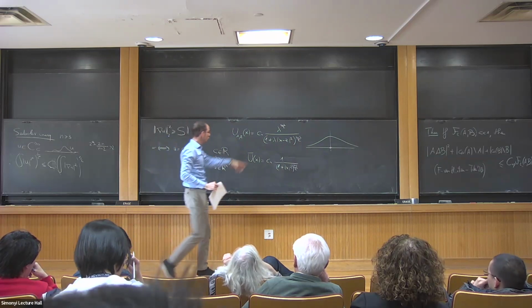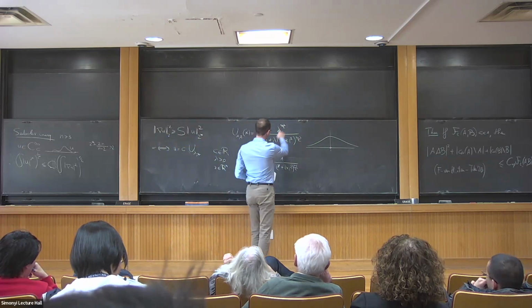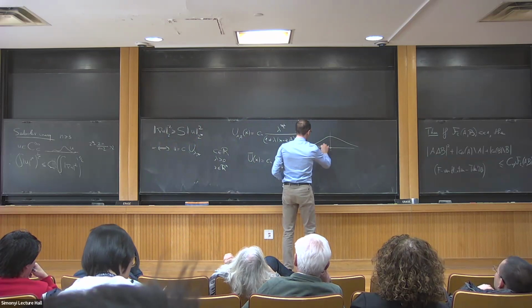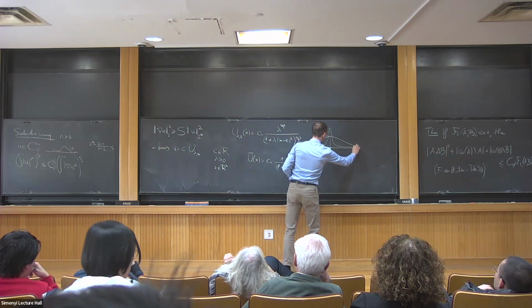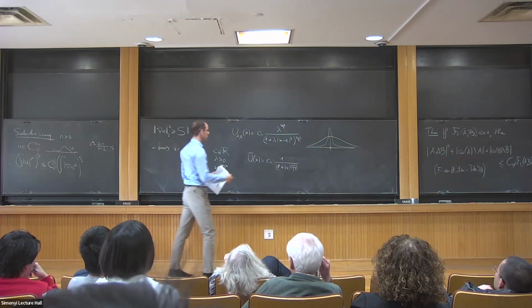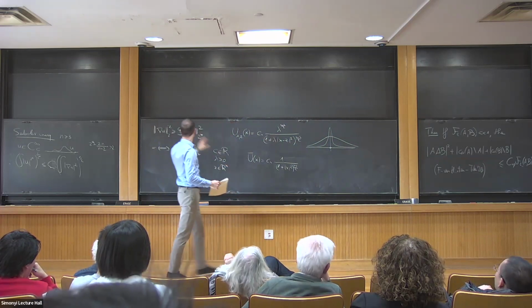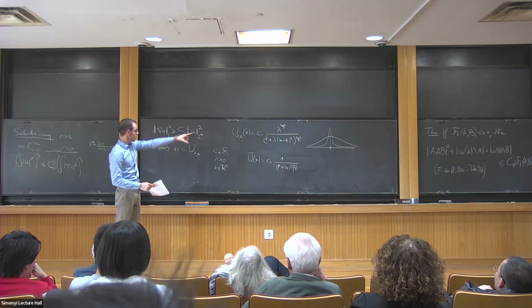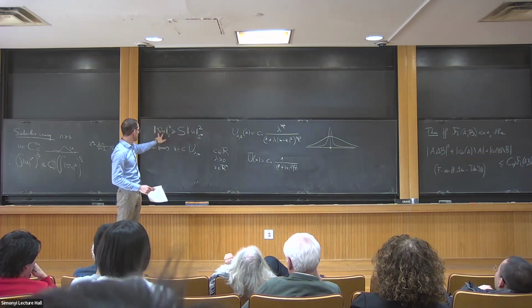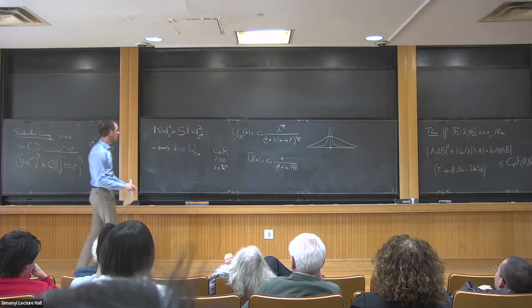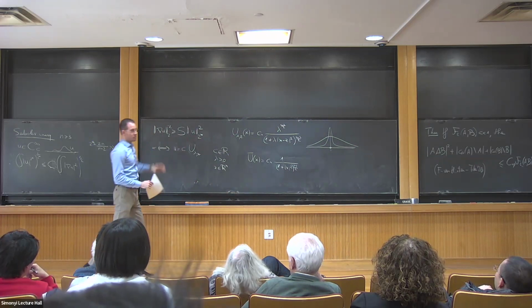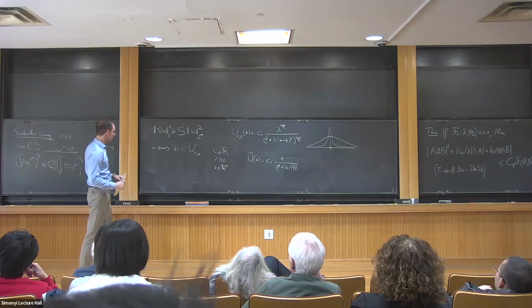Or you could rescale it. You apply a transformation that rescales the function, and if you do it this way, the norms don't change. So this transformation in lambda doesn't change either of these two quantities. And then you can always multiply by a constant.